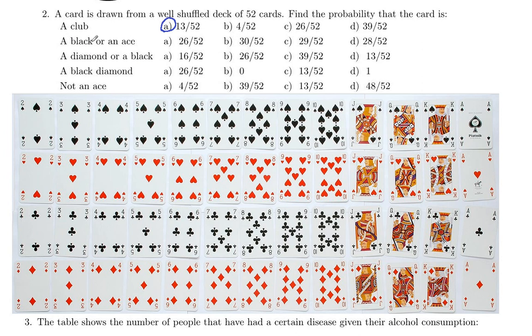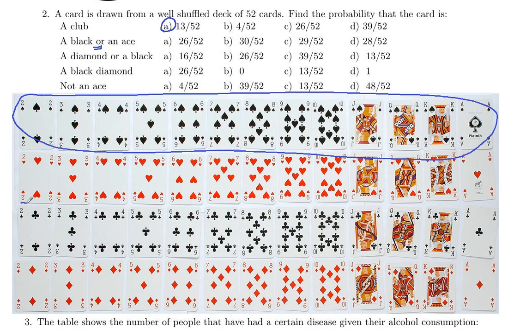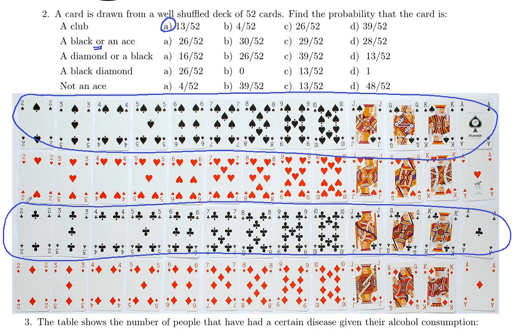A black or an ace, so or there. Or unites the 2 sets. So the black cards are here and here. And then aces, let me do that in a different color, are here.